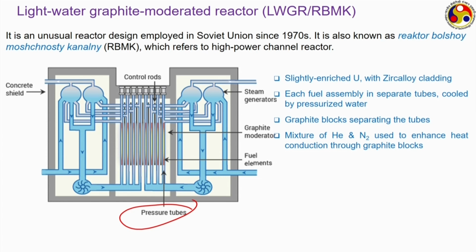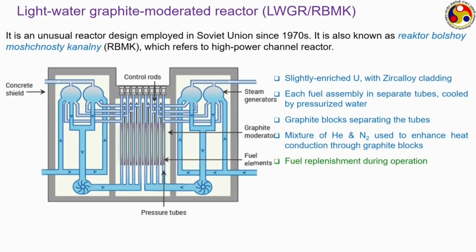This RBMK design is unique in several senses, because this is the only reactor design which uses graphite and water together, which itself can be a difficult combination to handle. And there are also several other issues. One big advantage that they propose is online fuel replenishment.